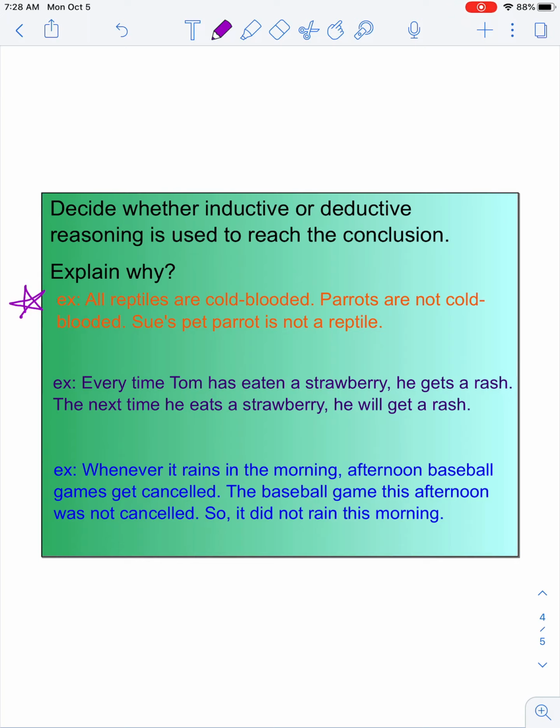All reptiles are cold-blooded. Parrots are not cold-blooded. Sue's pet parrot is not a reptile. So this would be deductive, because it's using facts about reptiles. Those are accepted facts about reptiles.